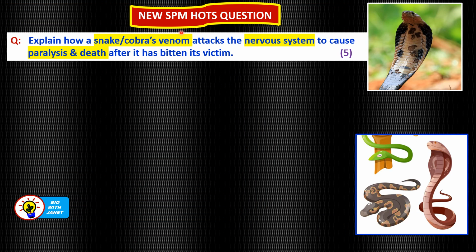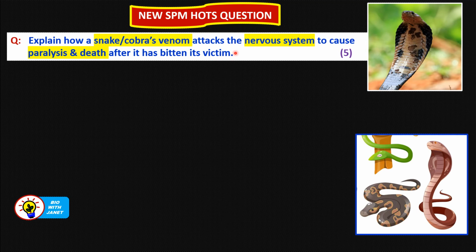Now let's look at this interesting new hot question that may be asked in the SPM. Explain how a snake or cobra's venom, that means the poison, attacks the nervous system to cause paralysis and death after it has bitten its victim. 5 marks.